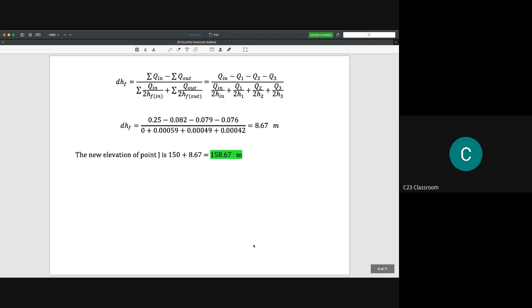And then what we do with our 8.67 meters here, because it reflects DHF, the sign is plus here, so we add it to our first assumption. So 150 plus 8.67, it becomes 158.67 meters. So this is the new elevation.